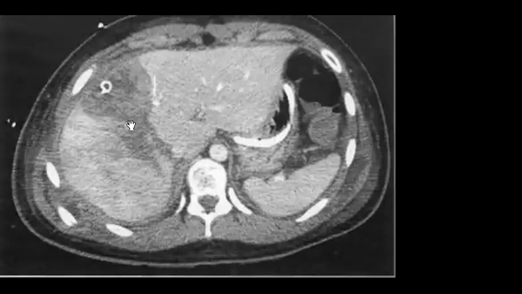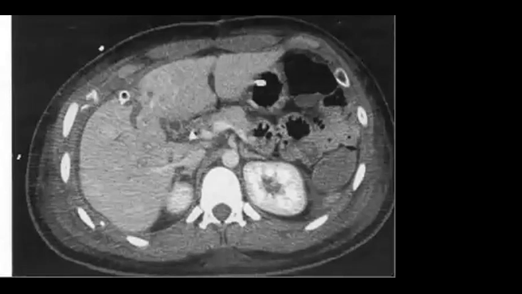This is a liver laceration, yes, so you describe it as a low attenuation area extending until the liver surface and extending to the hilum of the liver. So this is what is called liver laceration. You will try to trace if there is any fluid in the pouches of the abdomen, and you will check the spleen if it is intact or not, and the kidneys, and any abnormal excretion in the kidneys.